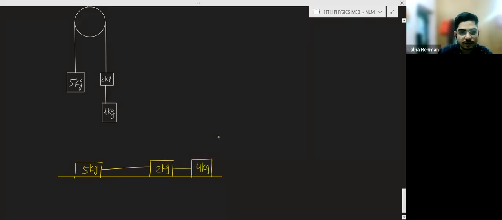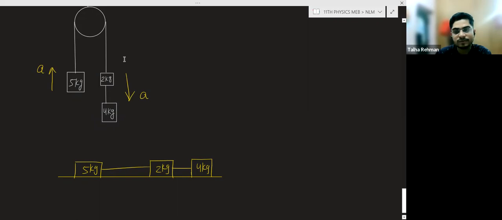These two masses will have the acceleration in the downward direction, and this 5 kg mass will have the acceleration in the upward direction, because 4 plus 2 is 6 kg, so this will become greater than this.